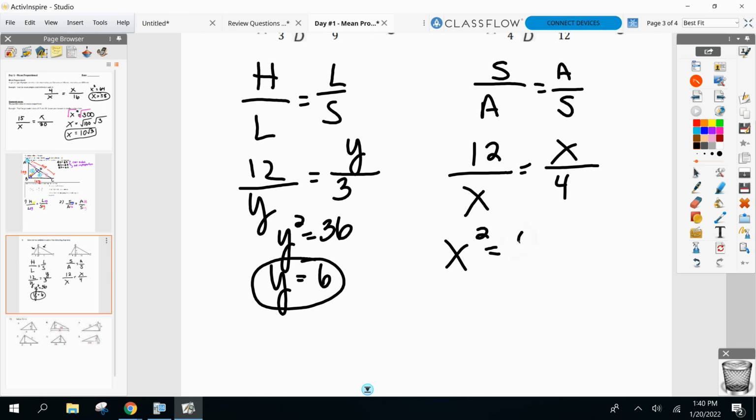X squared equals 48. Oh, you know what's going to happen, don't you? What am I going to ask for?